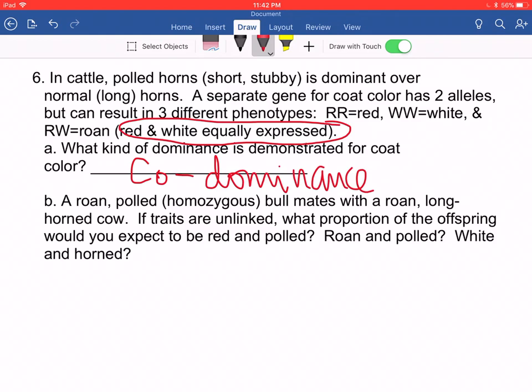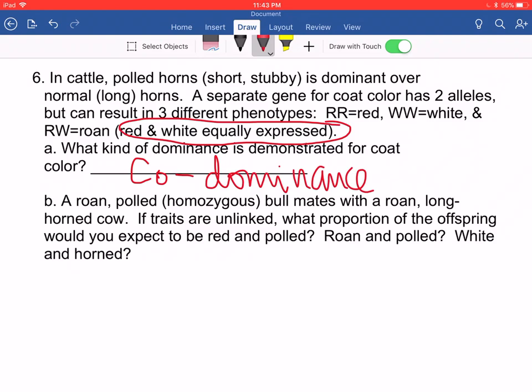So what we're going to do here is take a look at what the two different Punnett squares for both horn and coat color tell us. Let's start with looking at the coat color. So we have a roan bull.